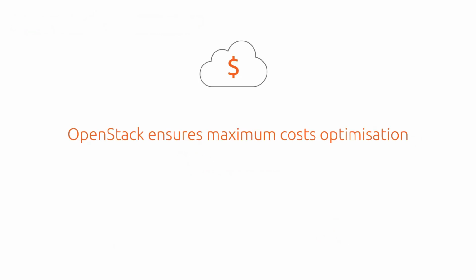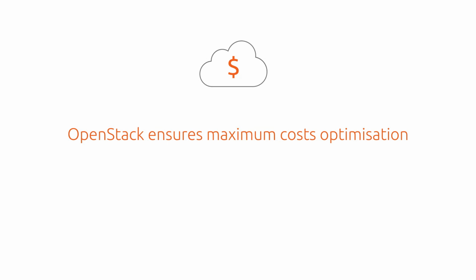So let's now focus a little bit more on why OpenStack, why not VMware, why not public clouds, and why just OpenStack? Why are companies choosing OpenStack? OpenStack ensures maximum cost optimization. This may not be relevant for a regular engineer, but it is very much relevant for business owners.